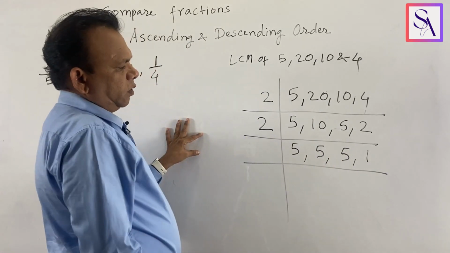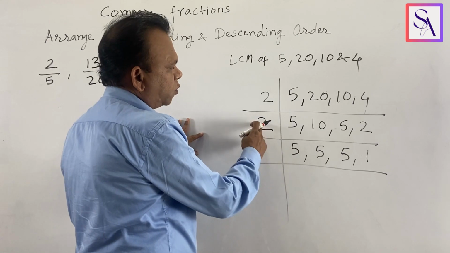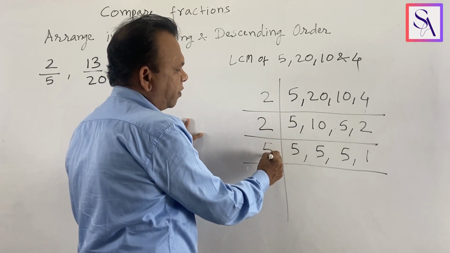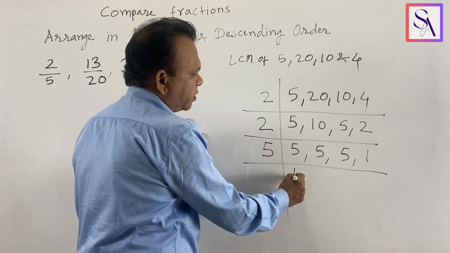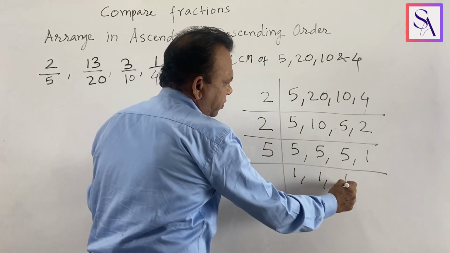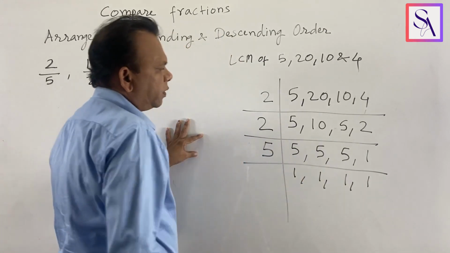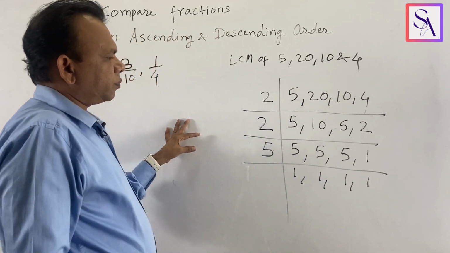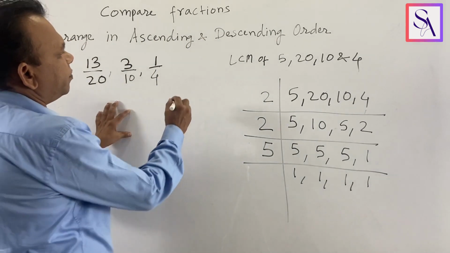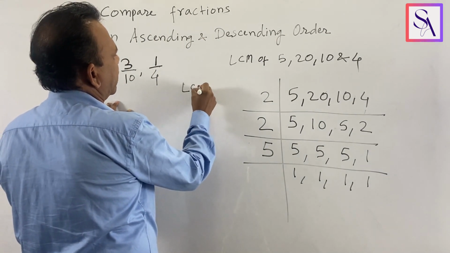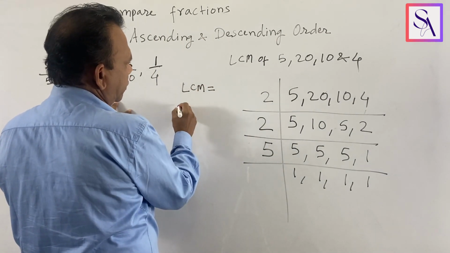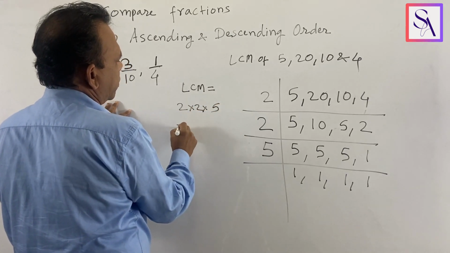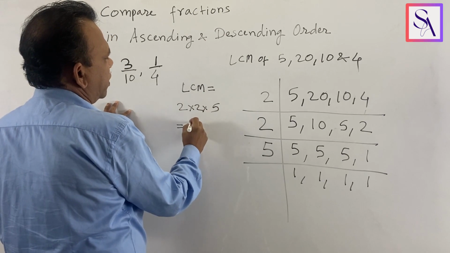Now 5 is there, and 5 is not divisible by 2, so I will divide by 5. 5 1s are 5, 5 1s are 5, 5 1s are 5. So in this way I got 1 1 1 here. So what is our LCM? LCM is 2 into 2 into 5, which is equal to 4 5s are 20.